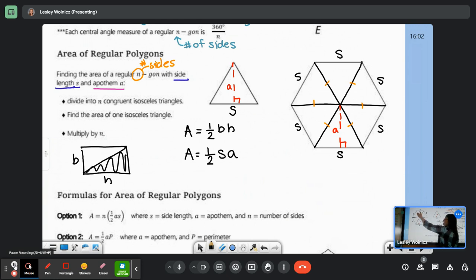Okay, so in this particular example, we have 6 sides, but if we wanted to make a formula that would work for a figure with any number of sides, what could we use instead of 6?